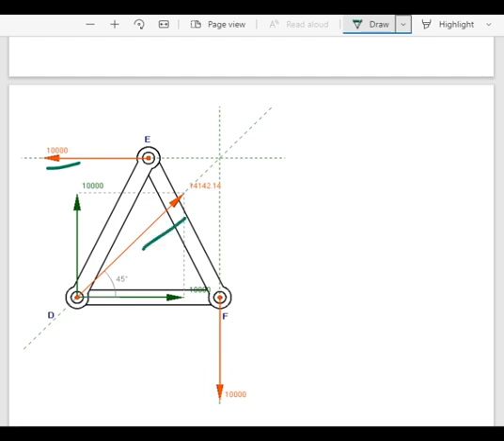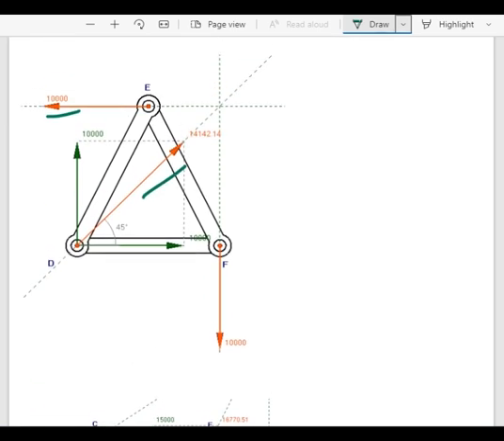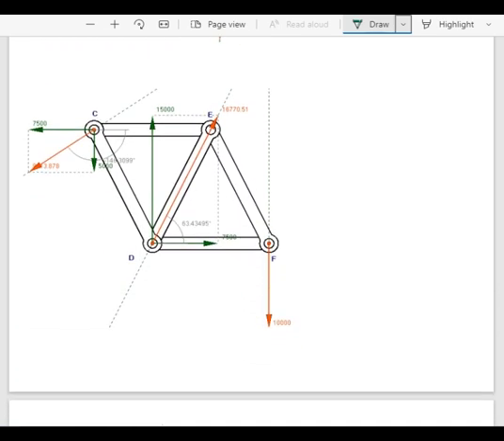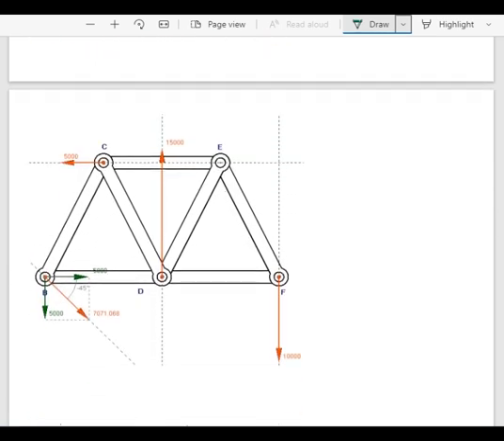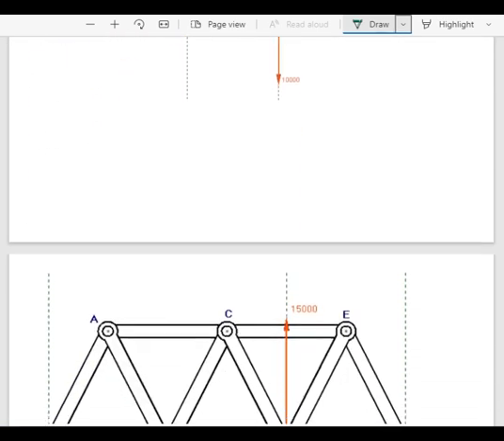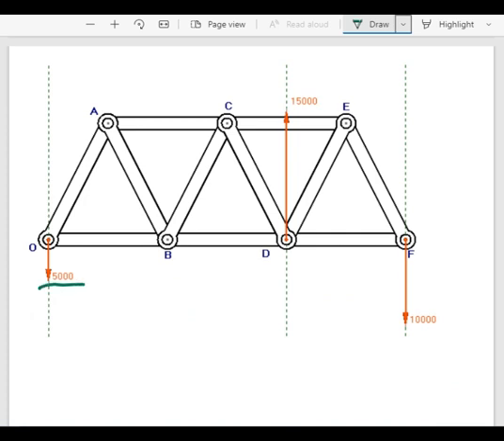Here are the values. These are 3 links, and here we got the 4th link. This is the value, the 5th, and so on, until you solve the problem.